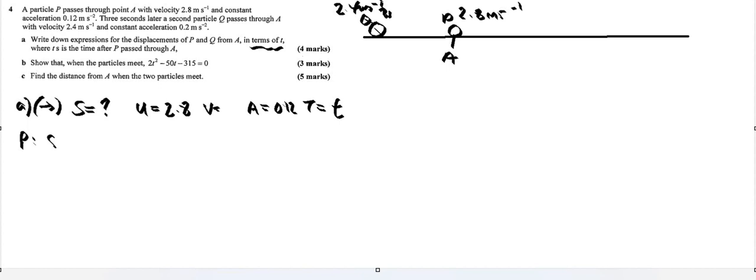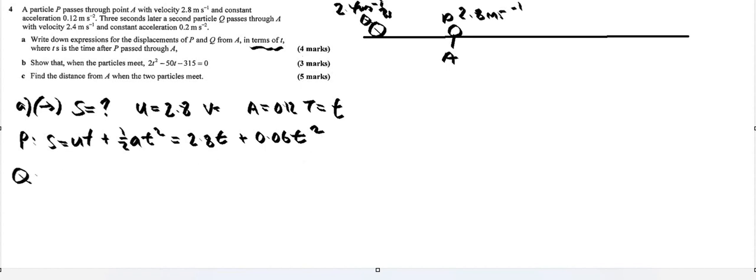Well, let's use s equals ut plus a half at squared. So s equals 2.8t plus a half times 0.12, which is acceleration, which is just 0.06 t squared. So that's P.